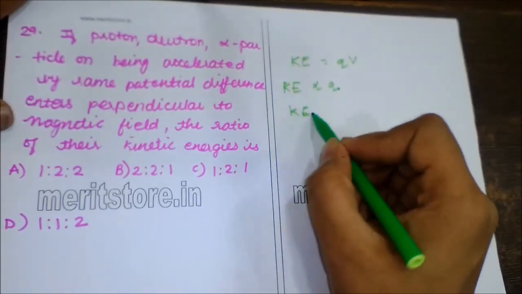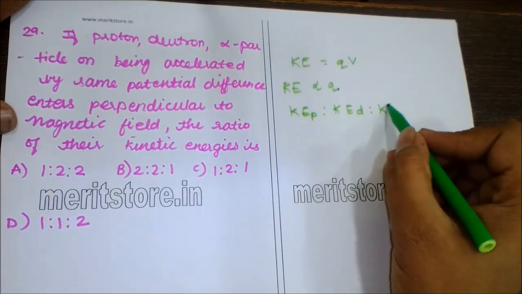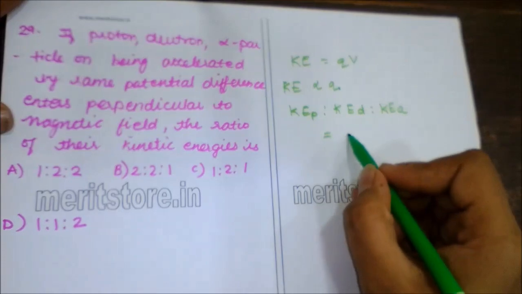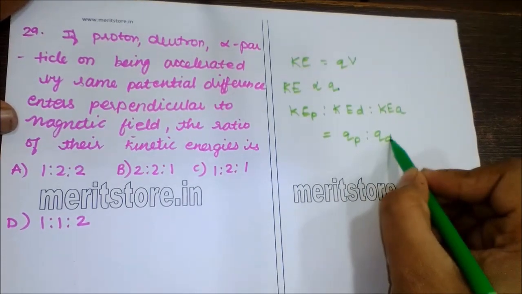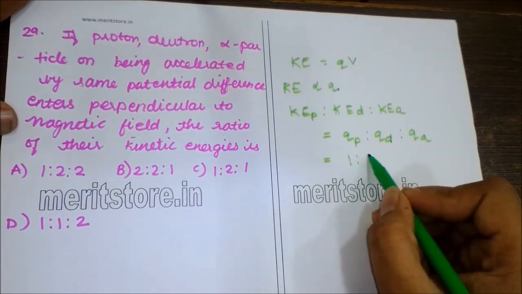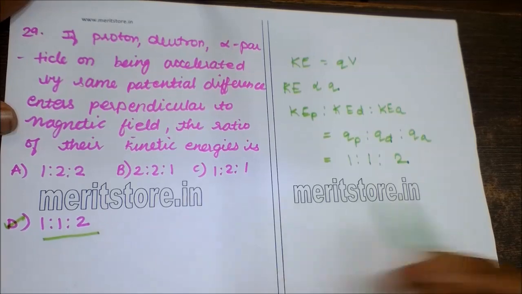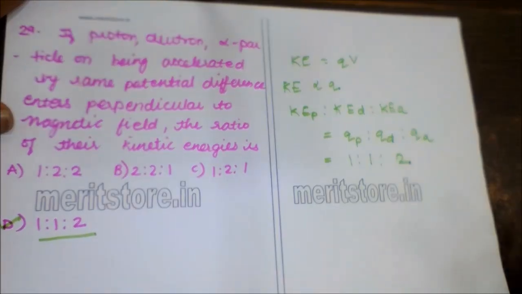So kinetic energy of proton is to kinetic energy of deuteron is to kinetic energy of alpha particle is equal to qP is to qD is to qA, which is equal to 1 is to 1 is to 2. So option D, 1 is to 1 is to 2, is the correct answer.